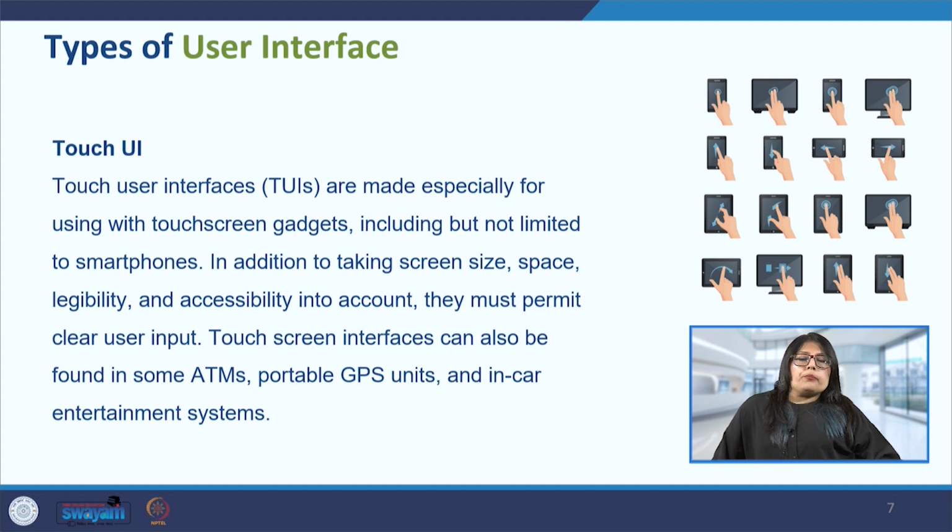Now, some of the negative aspects of touch user interfaces are accuracy and precision. Depending on different human anthropometrics, somebody having slender fingers, somebody having chubbier fingers, we may press the incorrect button which we are not intending to press.